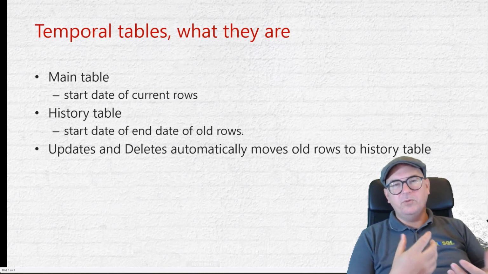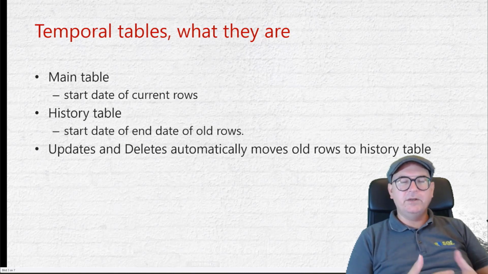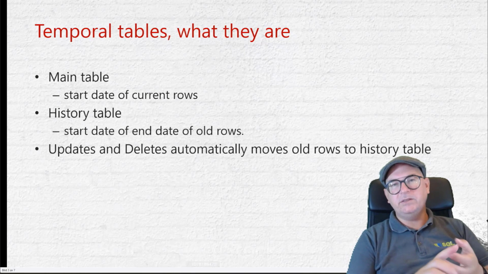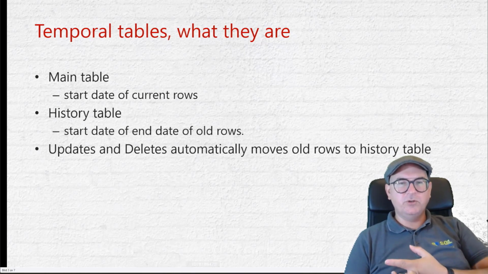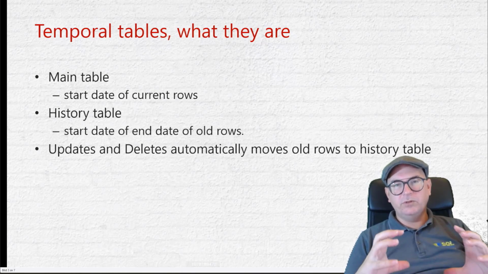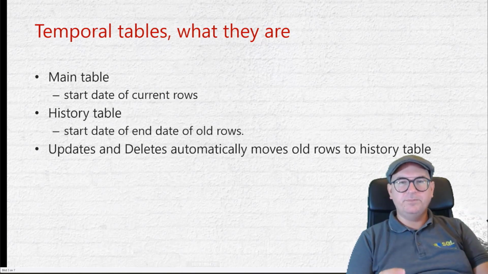And you, or SQL Server, will also add a couple of columns to the table, a start date and an end date to the row in the table. Now for the current rows, they will be in your main table.